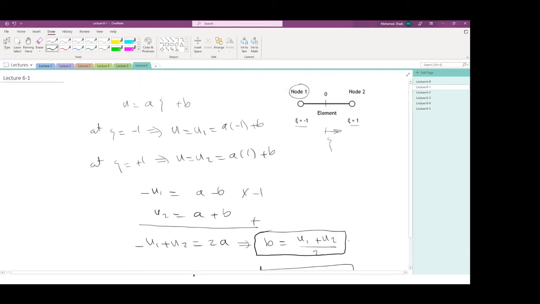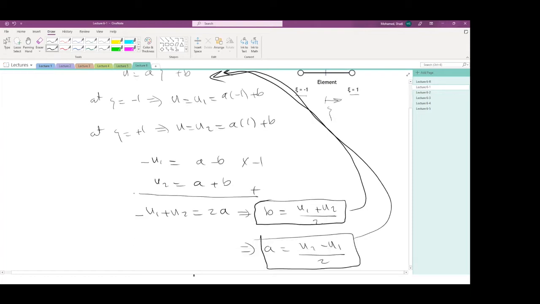So I put them back in here, and then I will have U to be A, which is U2 minus U1 divided by 2 multiplied with xi added to U1 plus U2 divided by 2. All right, so this is the equation for U.